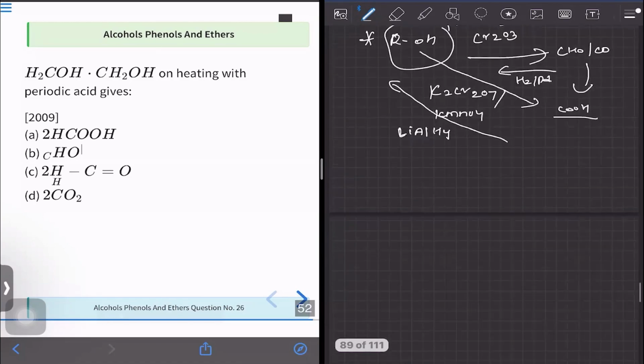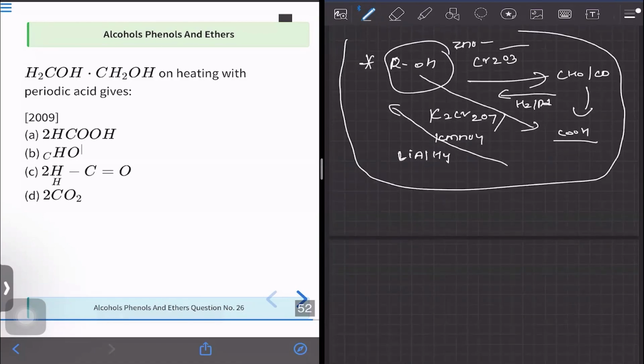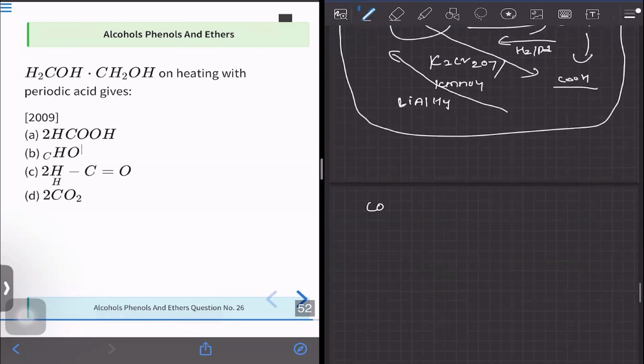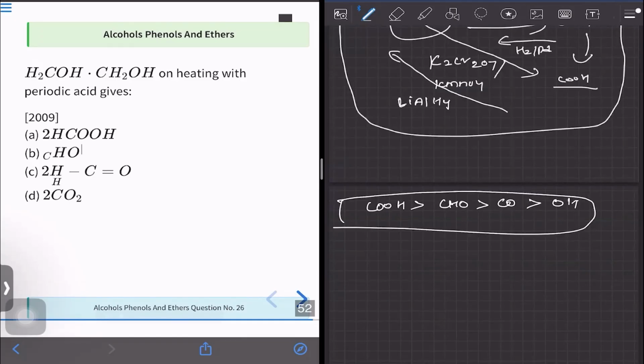This is the formation of alcohol from different groups. We all know the oxidizing power of carboxylic acid is greater than aldehyde, which is greater than ketone, which is greater than alcohol. This is the oxidizing power.